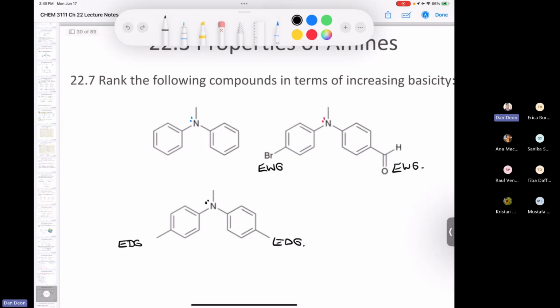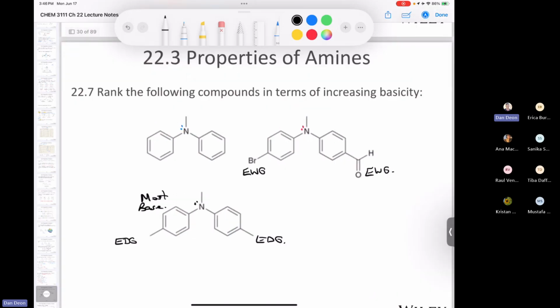That means the one with the methyl groups is going to be the most basic, because electron density is being donated towards the nitrogen. The one with the electron withdrawing groups is going to be the least basic, because they pull electrons away from the nitrogen.